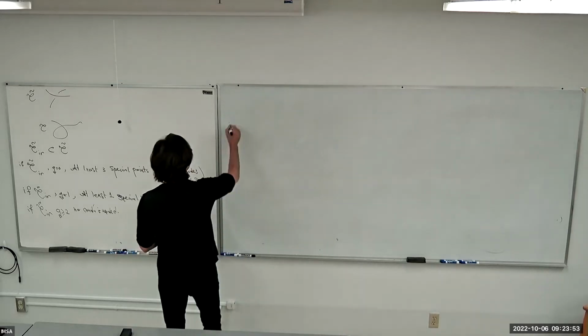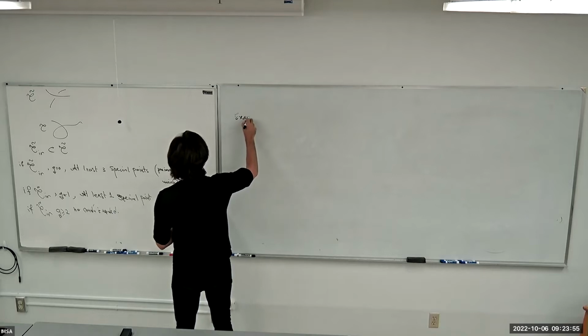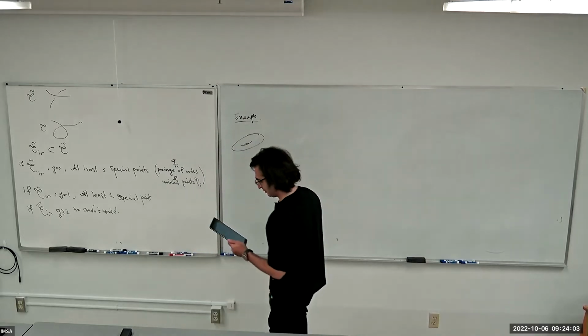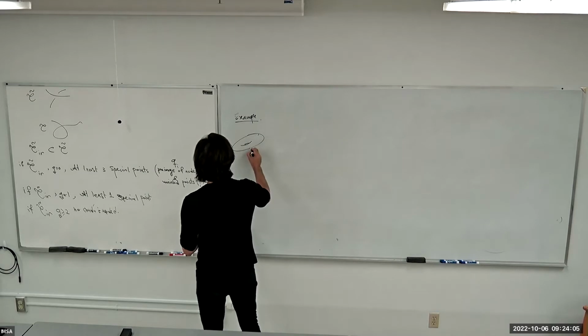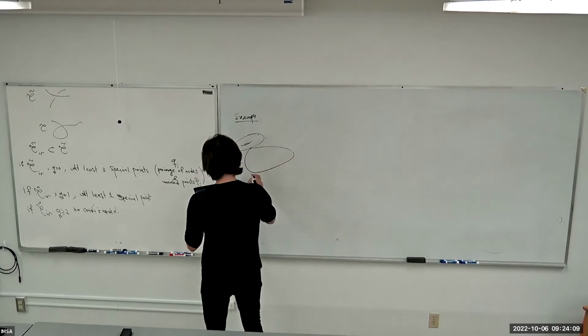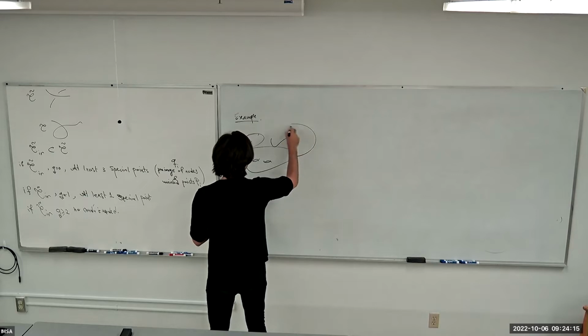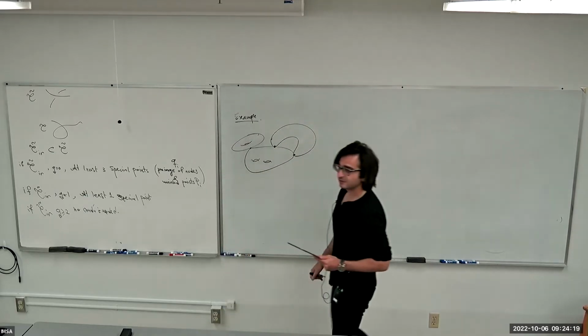So an example of this, as I said, I can draw things in real dimensions. This is an example of a genus 1 curve. It's like a torus, and then it would be connected to some component which has genus 2, and it could have some irreducible component which meets it at 2 points like this.